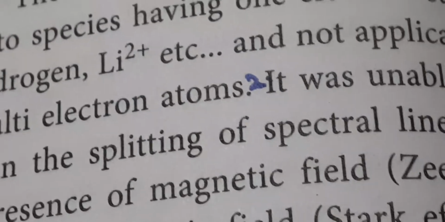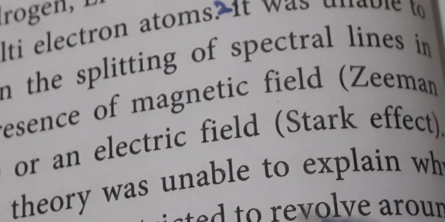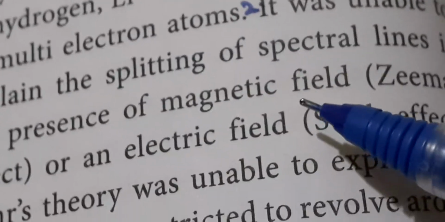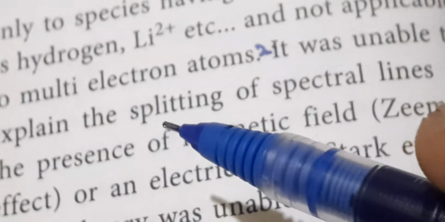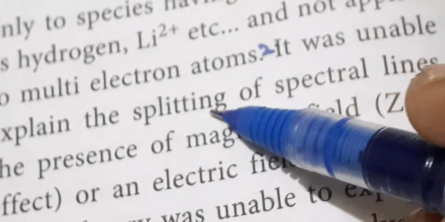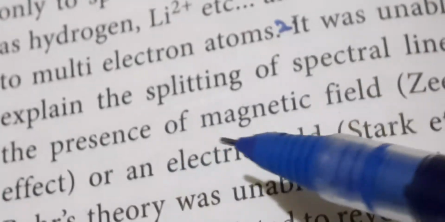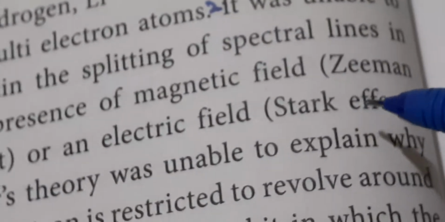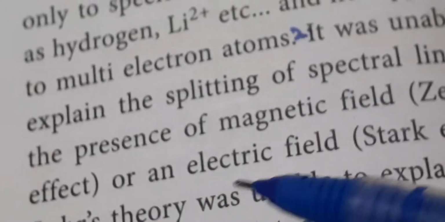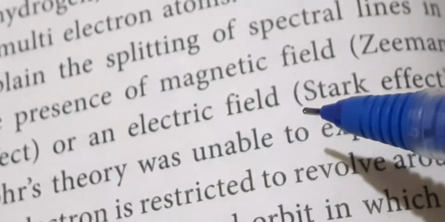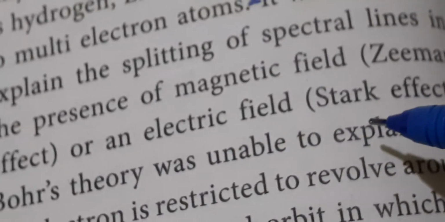What is Zeeman effect? The splitting of the spectral lines in the presence of magnetic field is called Zeeman effect, and the splitting of spectral lines in the presence of electric field is called Stark effect.